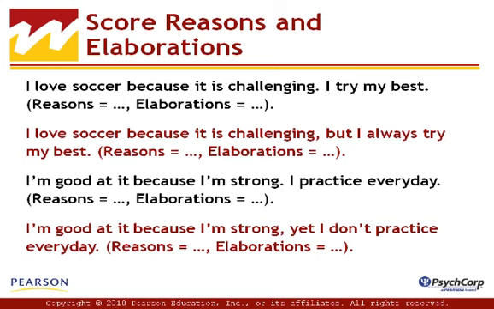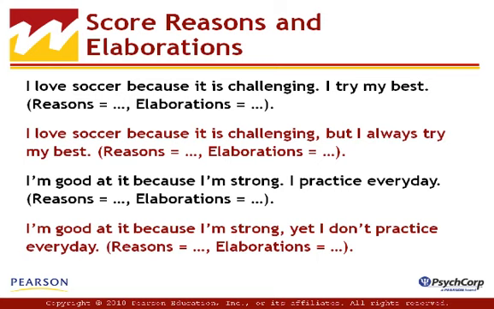On this one, I love soccer because it is challenging, but I always try my best. Again, you identify this as a reason based on the use of the word because, but because this is a contrasting statement, the use of the word but indicates that what I'm going to write next is in contrast to what I just said, elaborations, that would receive a score of 0.